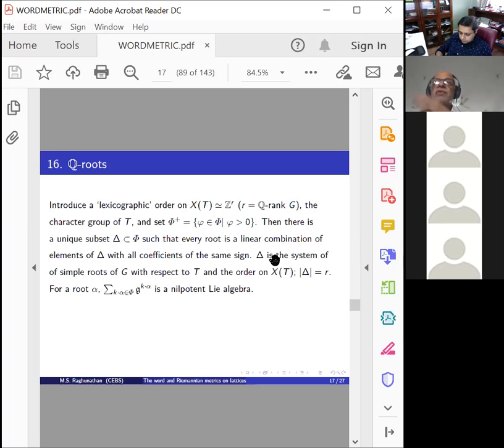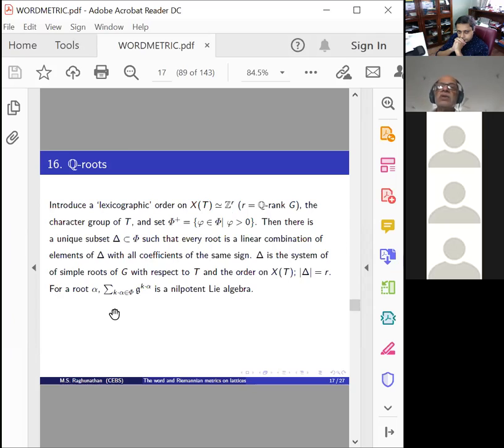So delta is called the system of simple roots of G with respect to T. As I said, I won't say Q roots, though I mean Q roots all the time. The number of elements in delta is equal to the rank of the free abelian group. So delta may not be a basis of XT over Z, but it's certainly a basis of XT tensor Q over Q.